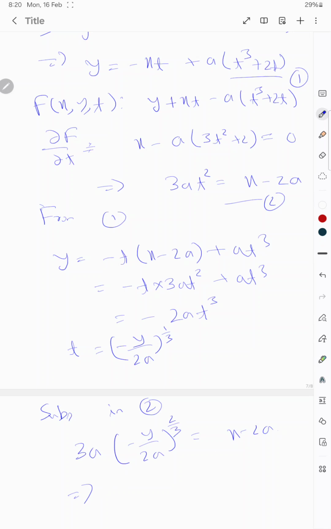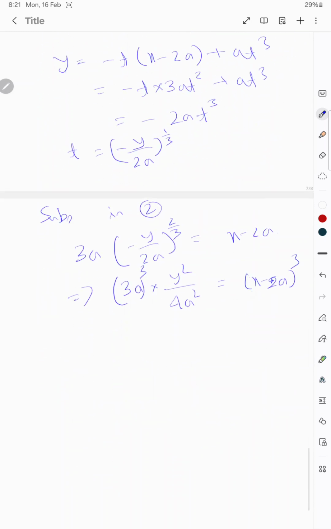If you take the whole cube on both sides, 3a into y square by 4a square equals x minus 2a whole cube. If a square and a cube cancel, you have 27a y square is equal to 4 into x minus 2a whole cube. This is the equation of your evolute.